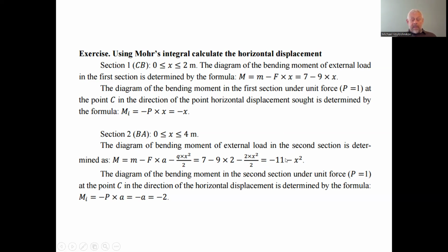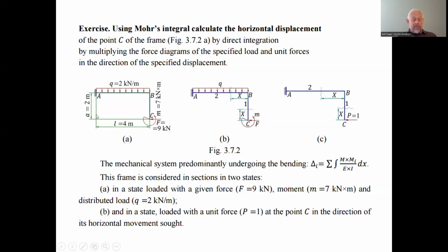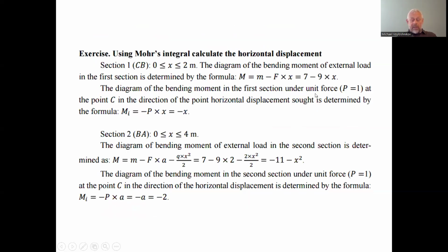If it is -11, we substitute for the first equation, instead of x, the vertical size of the mechanical system, 2, so the moment on behalf of the force F applied to the point C leftward is -9. The moment in the point B will be -9, product by 2 is -18. 7 minus 18 is -11. -11 here, minus x squared.